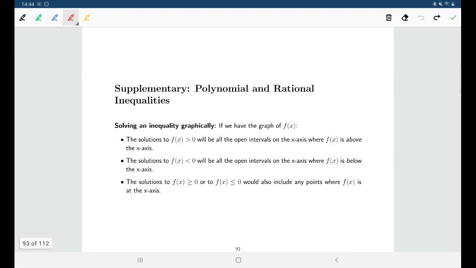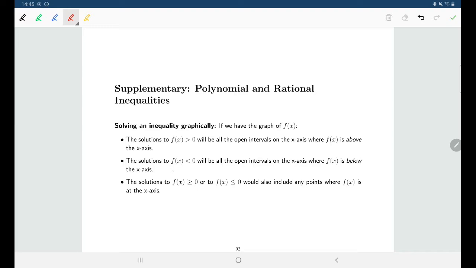So for the first half of this lecture, we'll be talking about solving our inequalities graphically. If you've got a graph of f of x, then it's easy enough to solve an inequality involving f of x, because if you want f of x to be greater than 0, remember that these are the y values for your function, the y values that are greater than 0. That would be what you're interested in. Where are you above the x-axis?